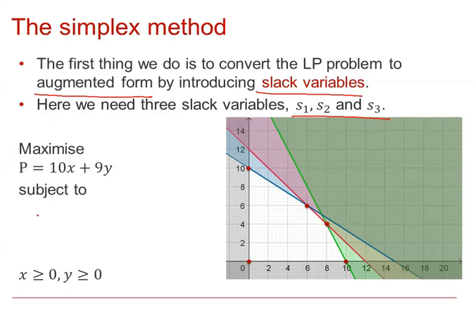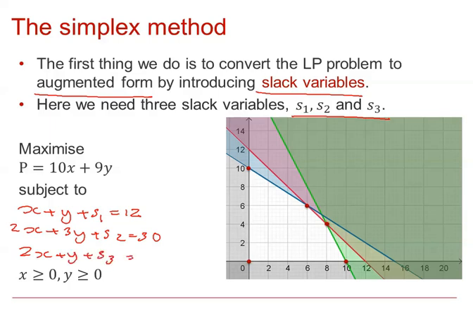So our inequalities become x plus y plus S1 equals 12, 2x plus 3y plus S2 equals 30, and 2x plus y plus S3 equals 20. And not forgetting the trivial inequalities that need to be added, S1 is greater than or equal to 0, S2 is greater than or equal to 0, and S3 is greater than or equal to 0.